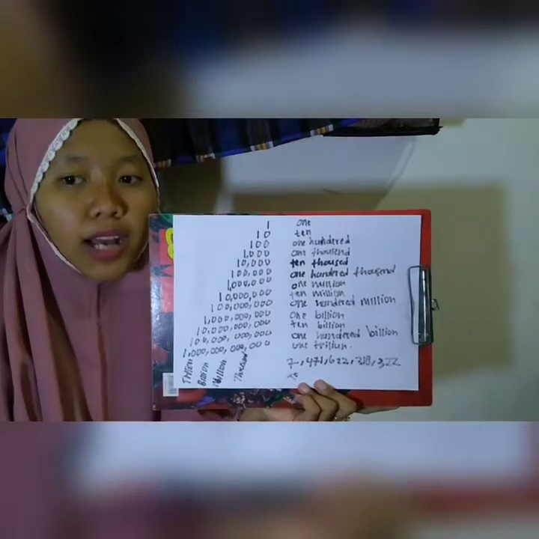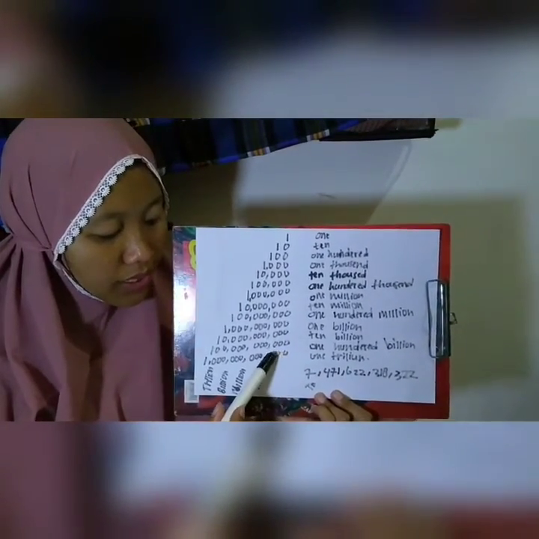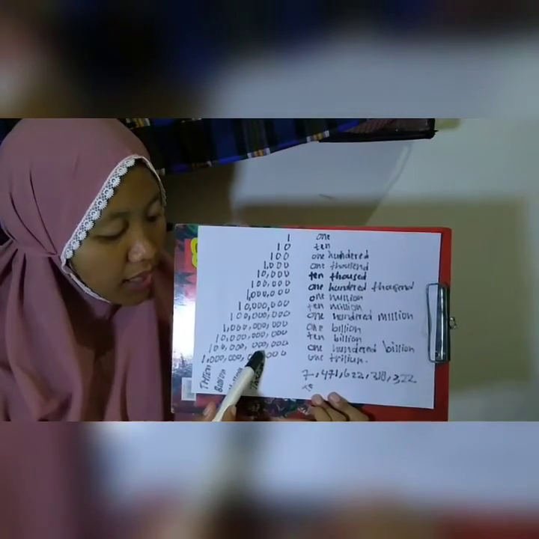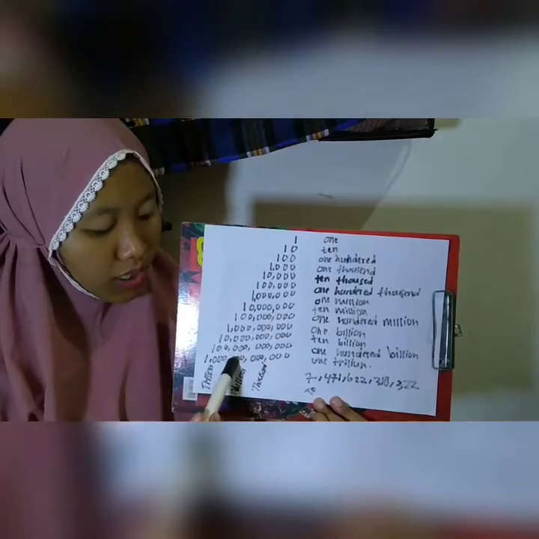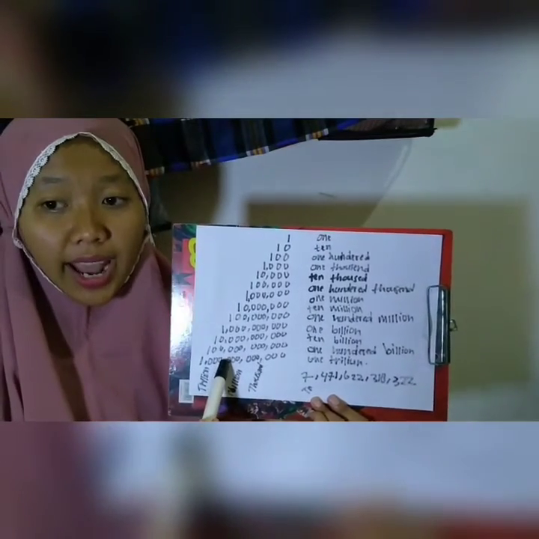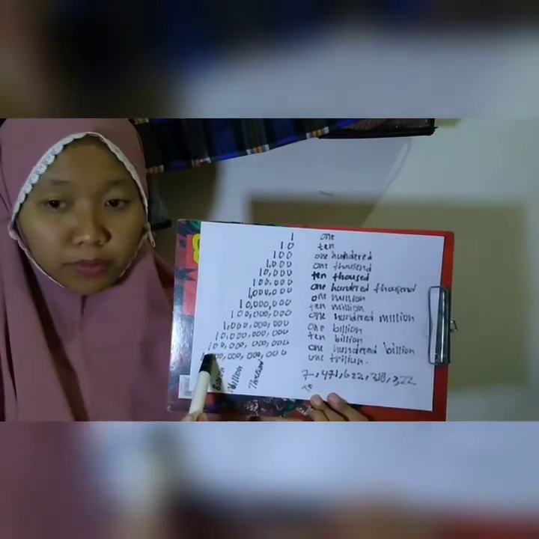So if I start here 1, 2, 3, comma, 1, 2, 3, comma, 1, 2, 3, comma, and down here 1, 2, 3, comma.